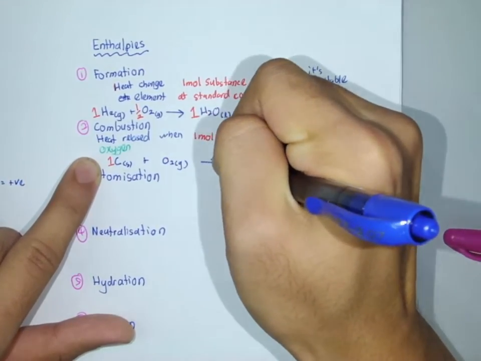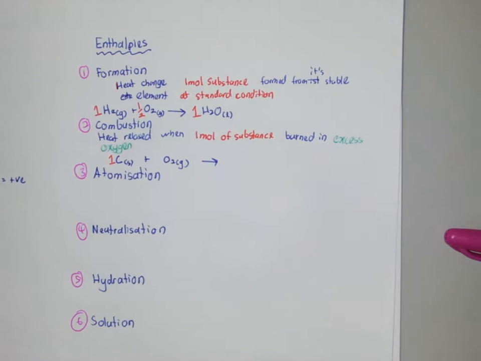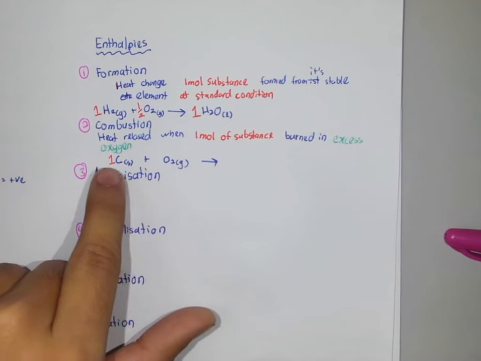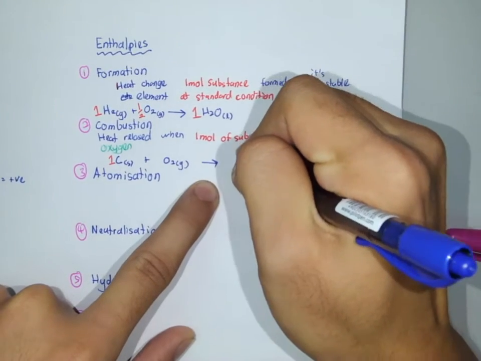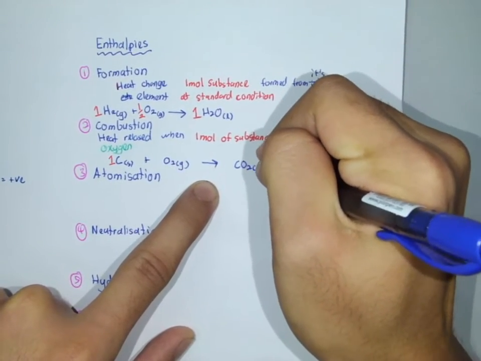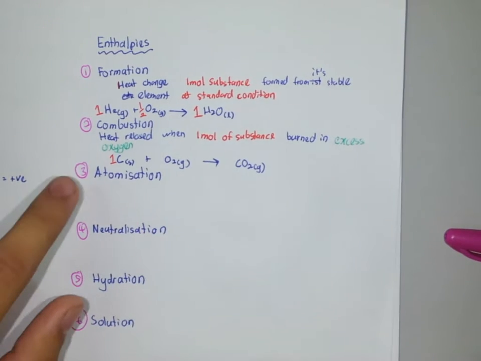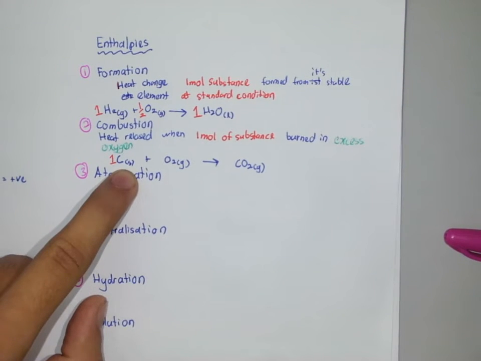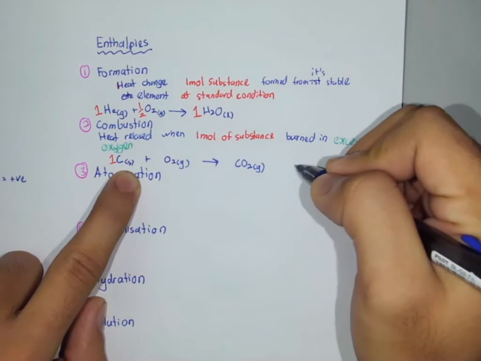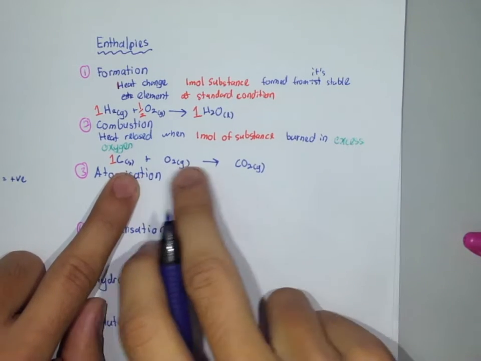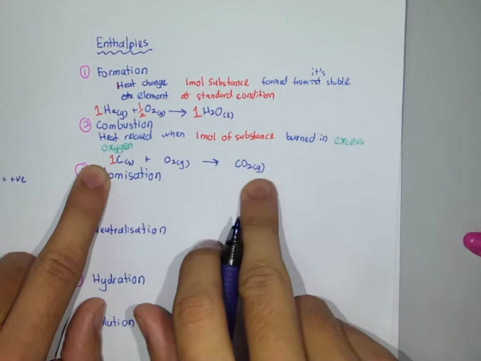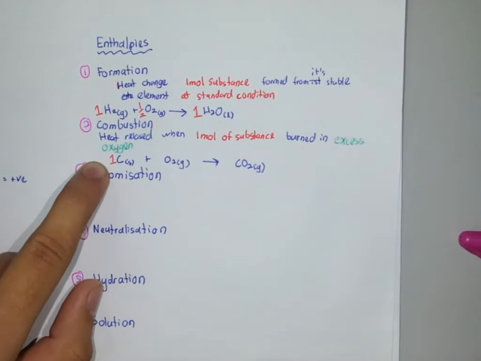So for combustion, we always have this. If it only has carbon, our product will be carbon dioxide gas. If it is carbon and also has hydrogen, we will also get water, plus H2O. So in this case there is none, so 1 mole complete and already balanced.